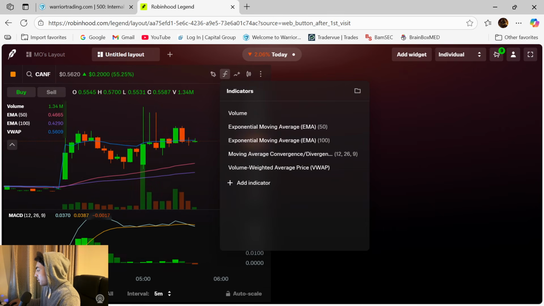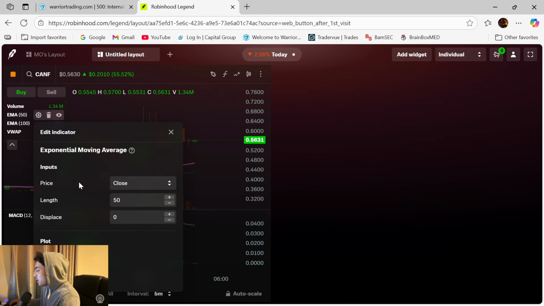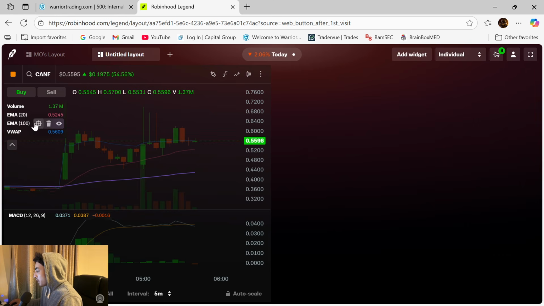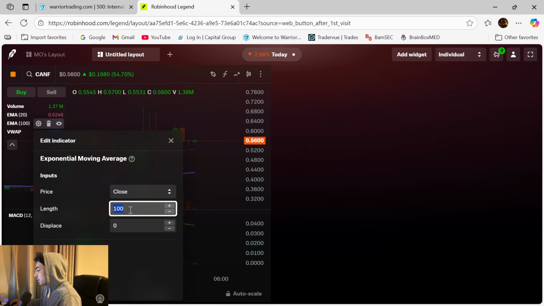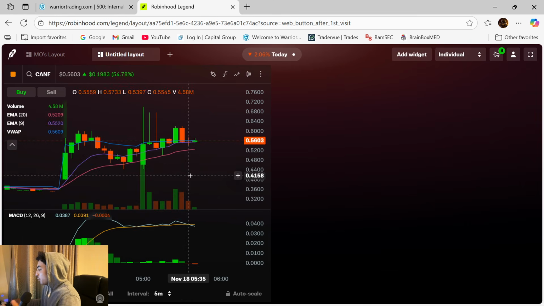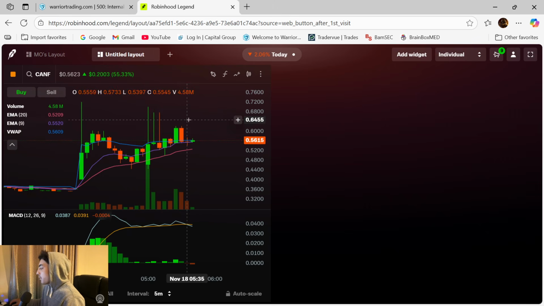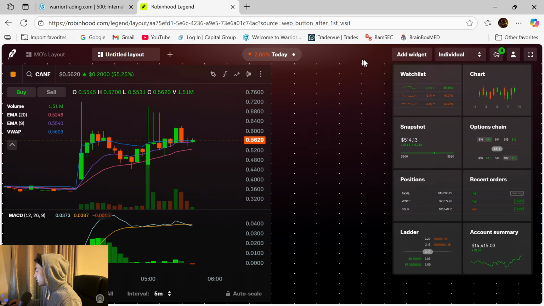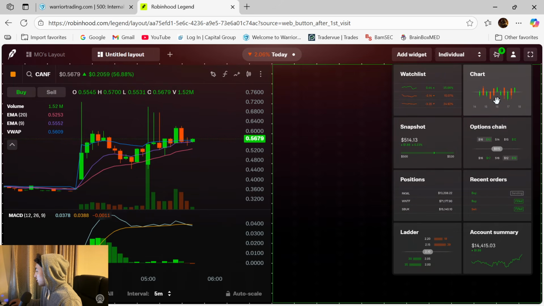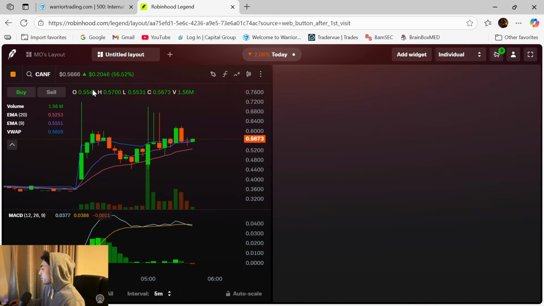There we go. Then you go over to the left and change the EMA, which I think is pretty nice. Boom, and then you have everything. The only downside is that when you try to add a widget, it's not going to transfer over completely.